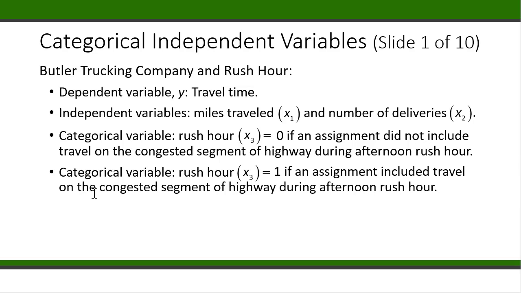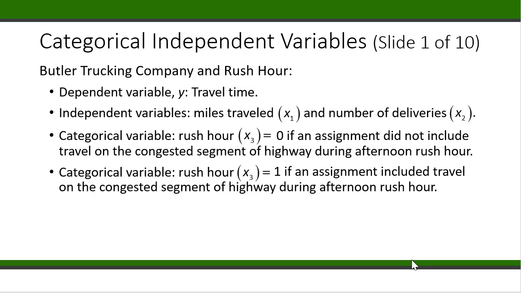We're going to make this a categorical variable, and we'll assign a 1 if the assignment included travel in the congested segment of a highway during afternoon rush hour. Typically 0 is false or none, the negative, and then 1 is true, or they actually did something.